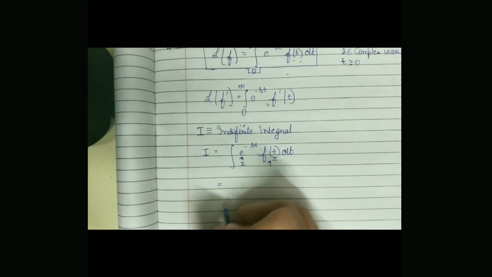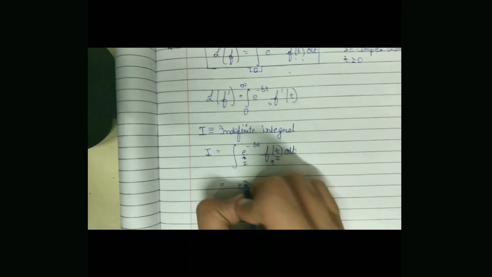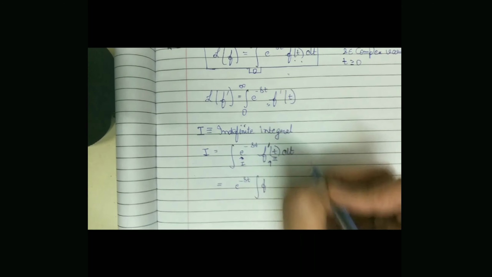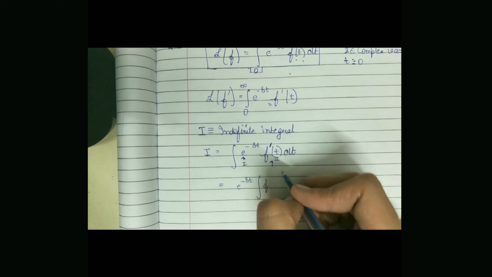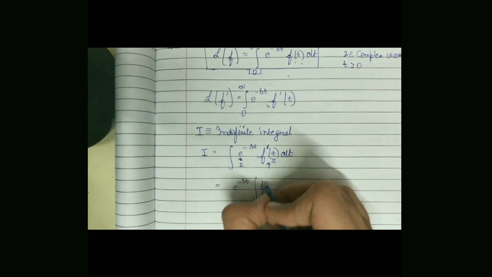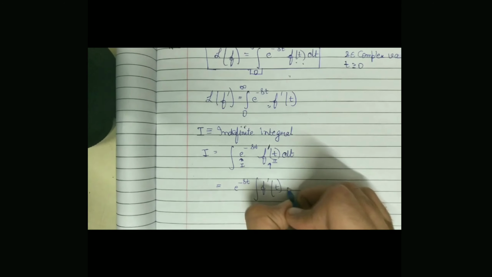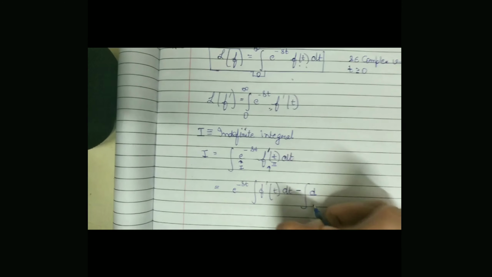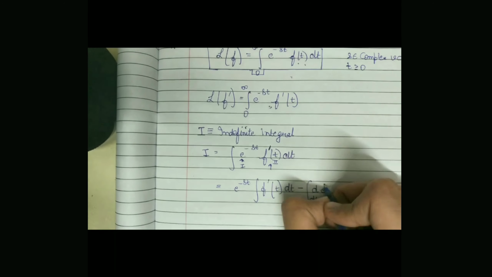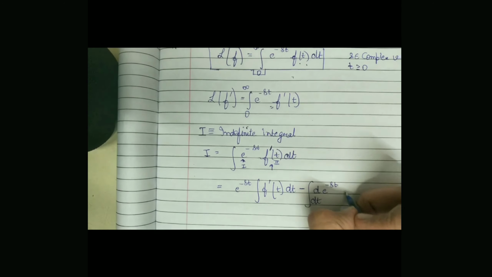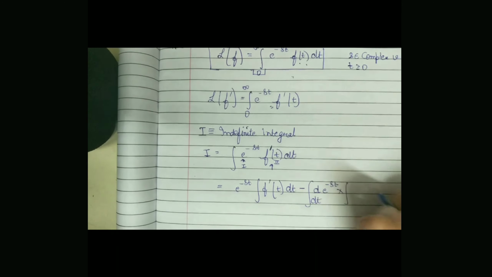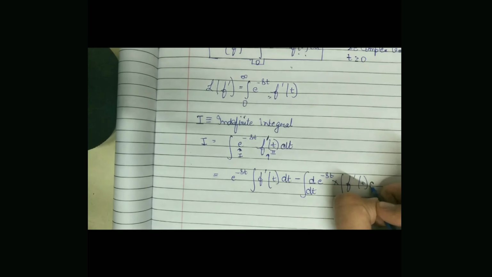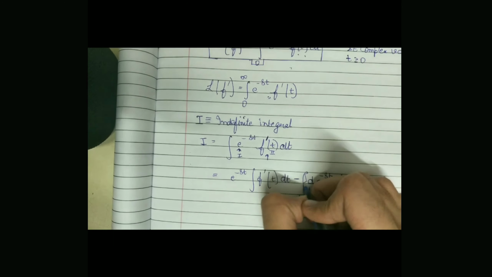According to integration by parts, let the first function remain as it is, times the integral of the second function, that is e raised to power minus st times the integral of f derivative t dt, minus the integral of the derivative of the first function, e raised to power minus st, multiplied by the integral of the second function, f derivative t, dt.